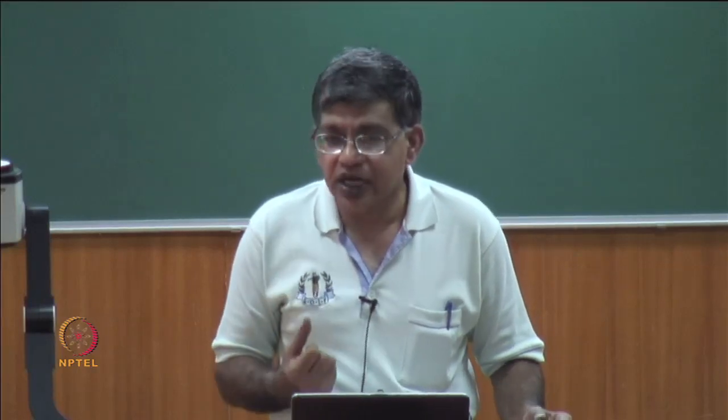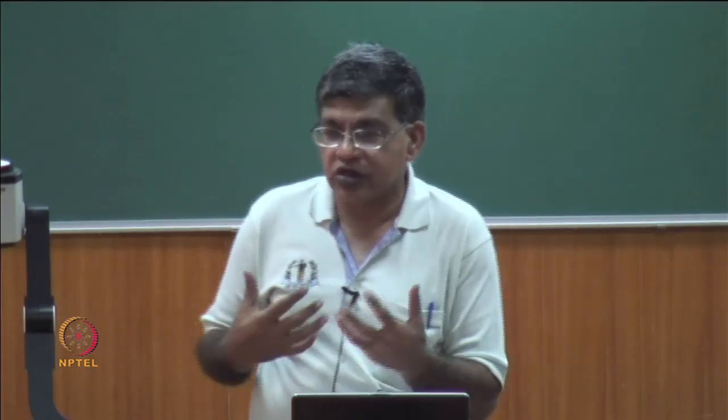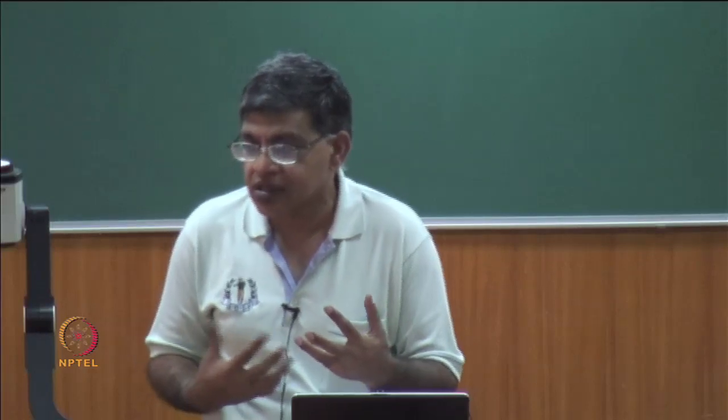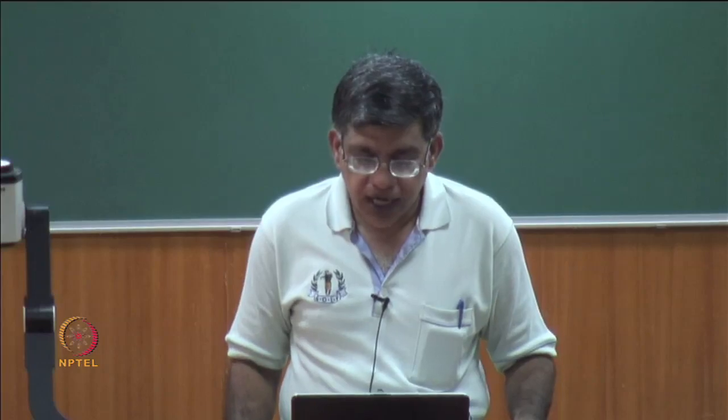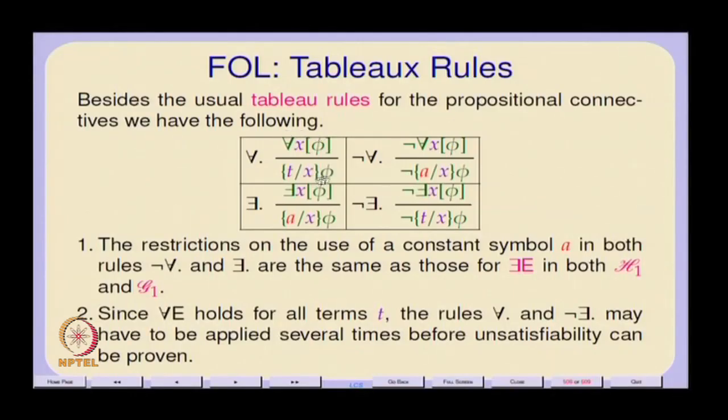Because there might be a combination of existentially quantified formulas and universally quantified formulas, because of which you might have to reuse this rule. We are not doing direct proofs, we are doing refutations.